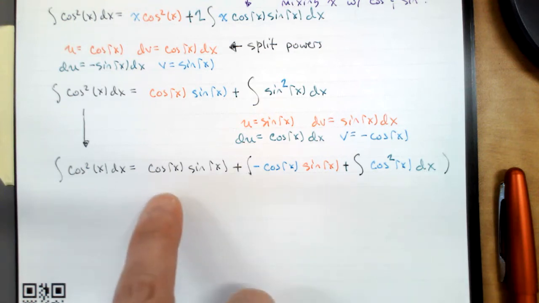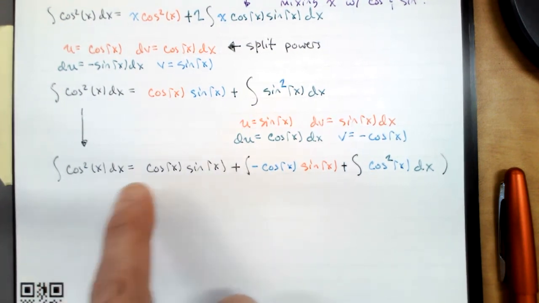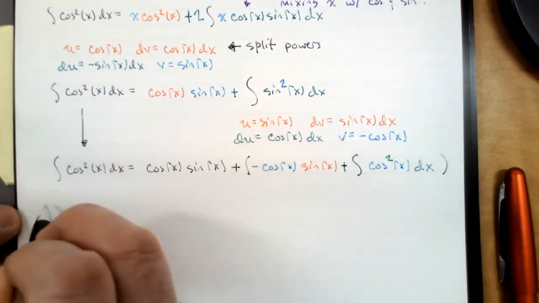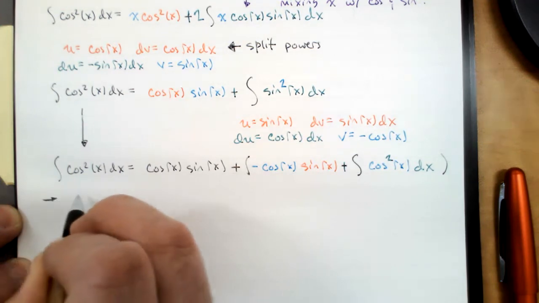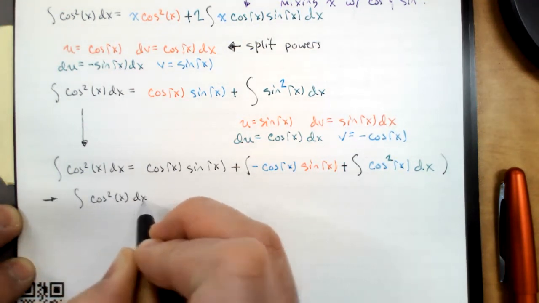Notice that what happens here is that cosine x sine x minus cosine x sine x. So what this equation is telling us is that the integral of cosine squared dx is equal to the integral of cosine squared dx. Well, no kidding. So this all leads to no conclusion. We get nothing new here.